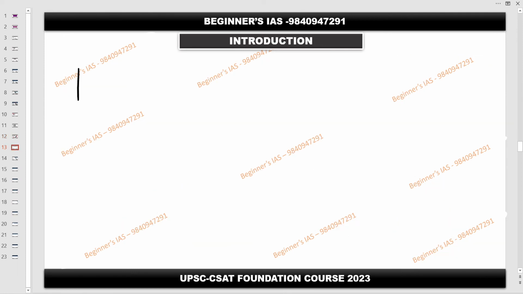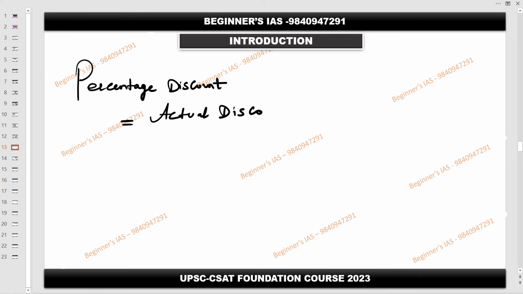Listen, in order to calculate the percentage discount, what we have done is one method. This method also you can apply. In order to calculate the percentage discount, what you have to do is just actual discount by the MP, the marked up price, into 100.